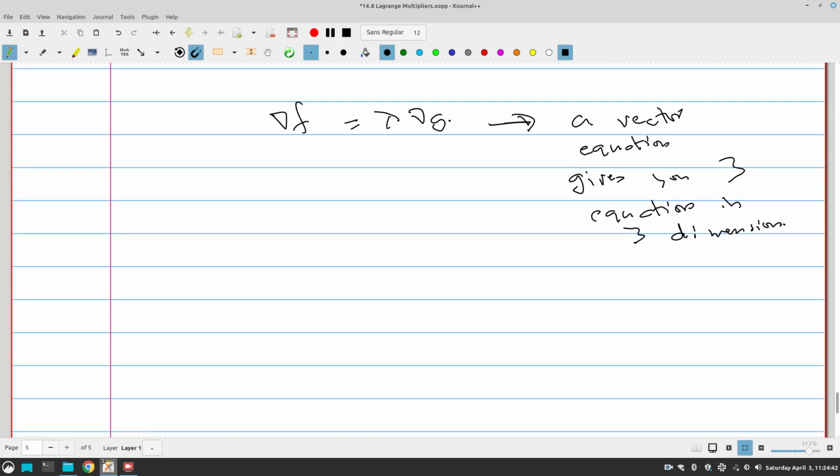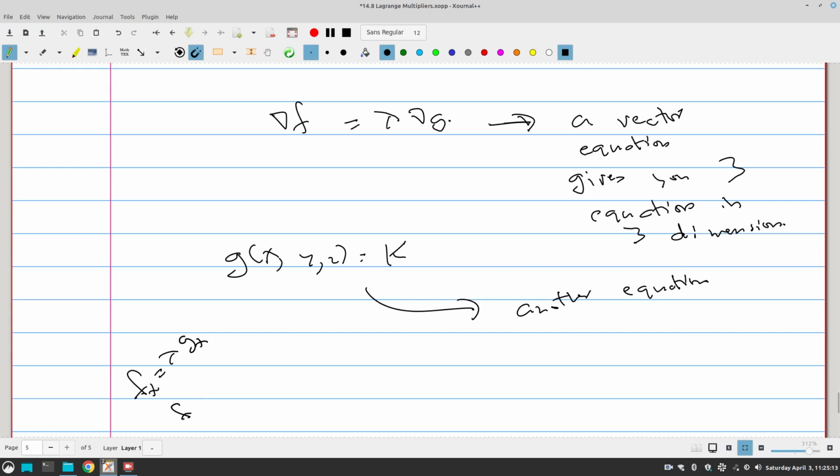And the constraint g of x, y, z equals k is another equation. So in total you have 4 equations and 4 variables to find: lambda, x, y, and z. The 4 equations are fx equals lambda gx, fy equals lambda gy, fz equals lambda gz, and of course the constraint is the 4th equation.